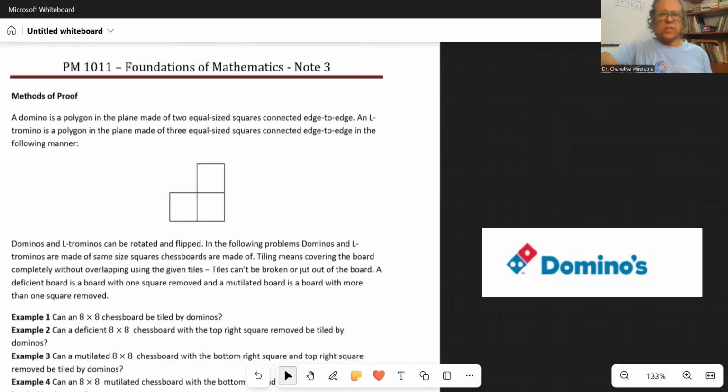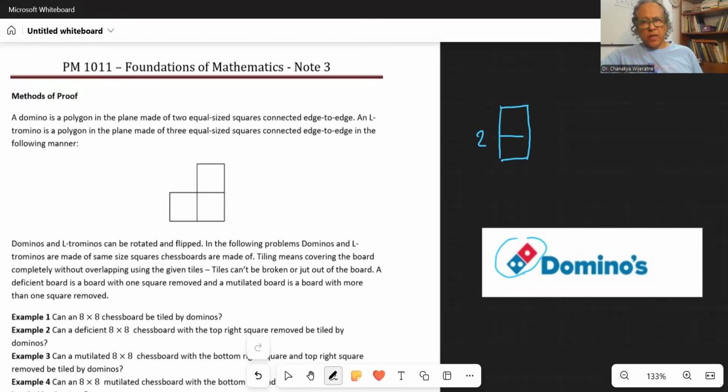The first tile that we're going to use in our tiling is the domino, which is used for Domino's Pizza's logo. You can see that. Dominoes are 2x1 rectangles, and these two squares may have dots or no dots, from 1 to 6.